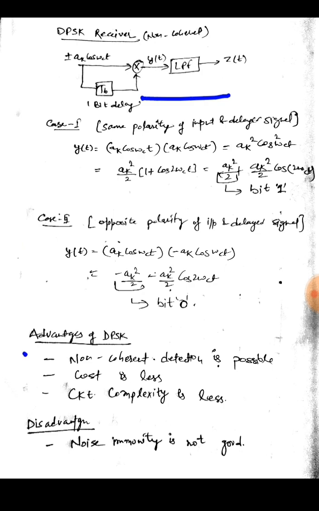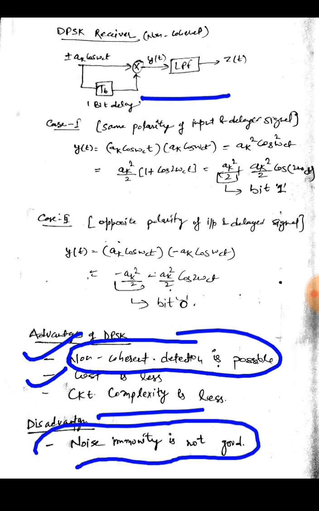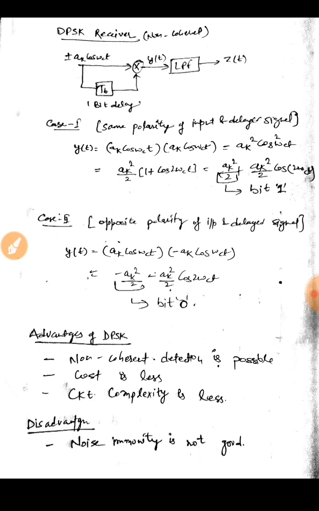Non-coherent detection is possible, and cost is less, as non-coherent detection will reduce the cost, and the circuit complexity is also less. The disadvantage is that noise immunity is not as good as the PSK system. Okay, so this is DPSK, differential phase shift keying.